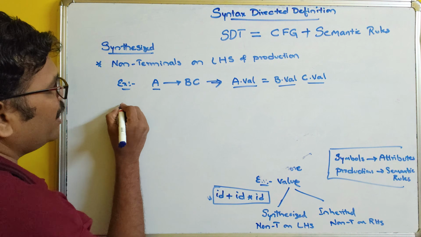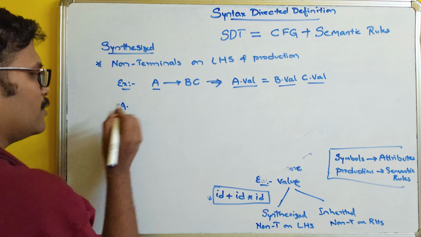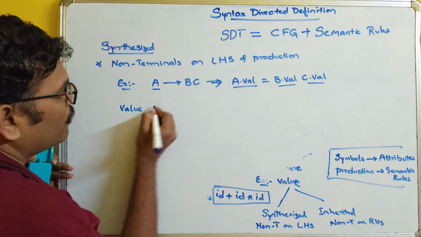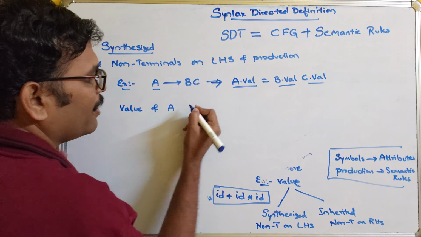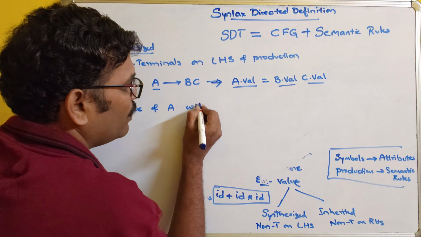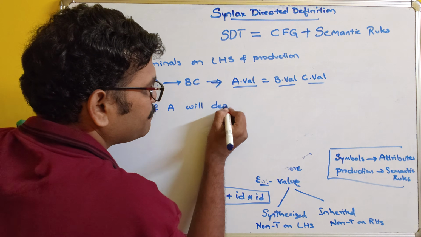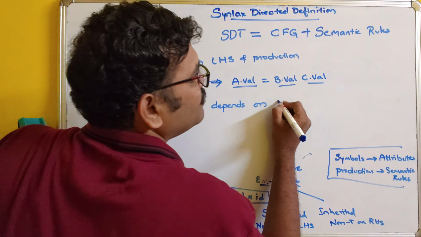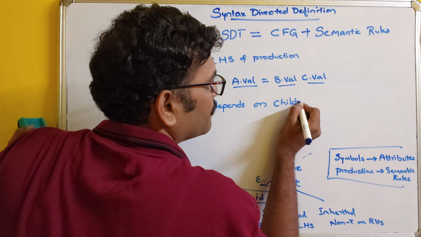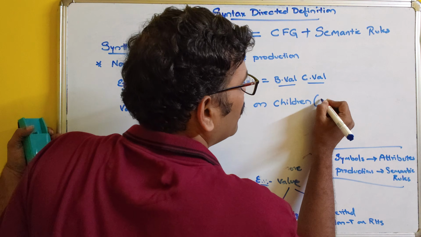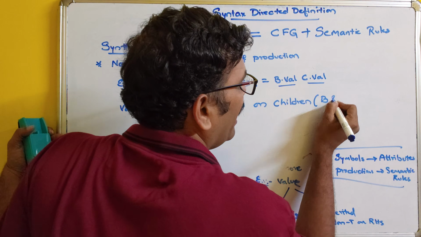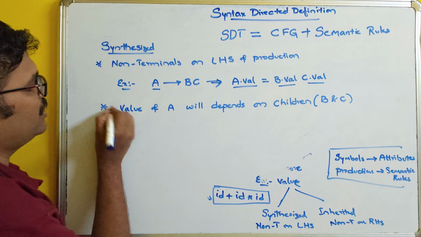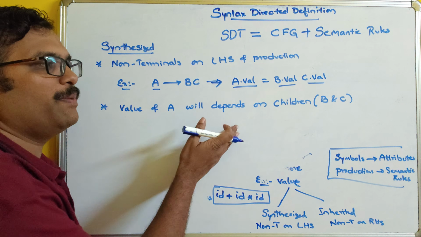So the value of A depends on its children, like B and C. This is one more point: the value of A depends on children.